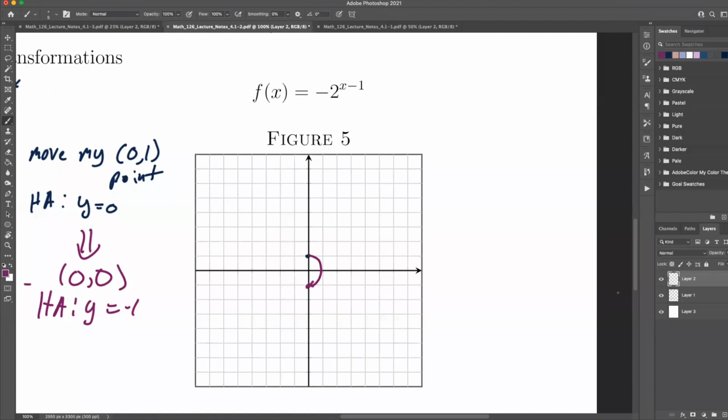And then what am I doing to it? I'm moving it over to the right by 1. So here the reflection caused this, and then I move it right by 1. So my new point that it goes through is, hold on, it's 1, negative 1, right? So that's the new point it's going through.